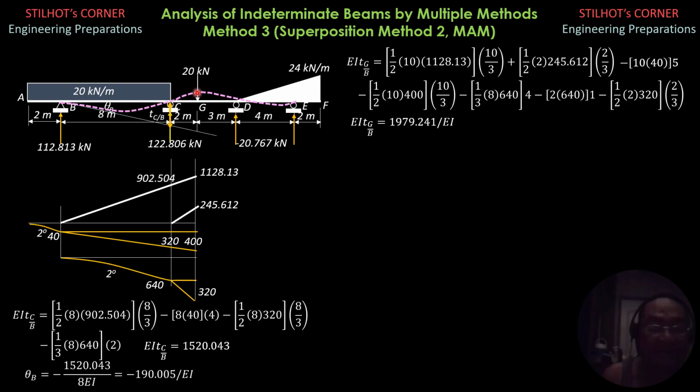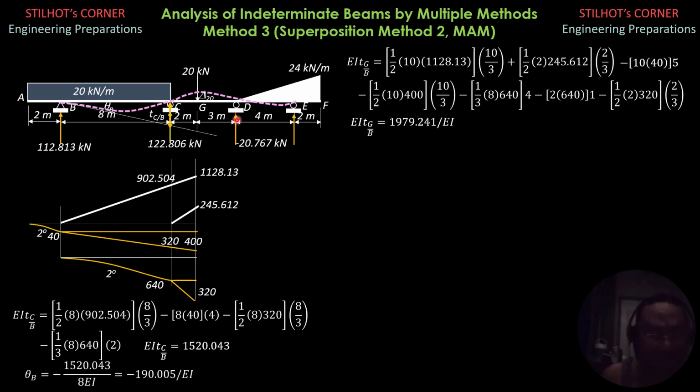Therefore, this delta 20 here, the entire value is deviation of G relative to B, this value here, we subtract this vertical distance, which is 10 times theta B. And we already computed theta B. So we just treat absolute value because delta 20 is positive.